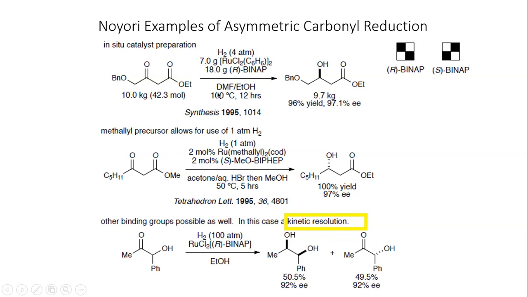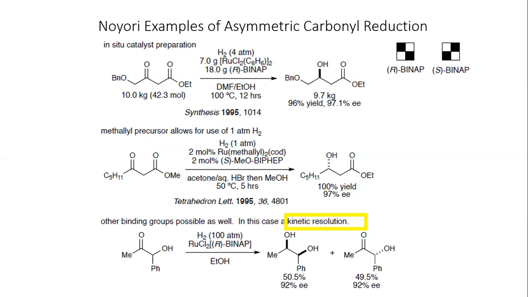And one of the things about doing reactions at high temperature is that a lot of times you kill your selectivity, because the higher the temperature is, the more energy is available. If you've got competing transition states, there's more energy available for a disfavored transition state or a disfavored complex to actually get over a barrier and compete even more with a favored transition state or a favored complex.